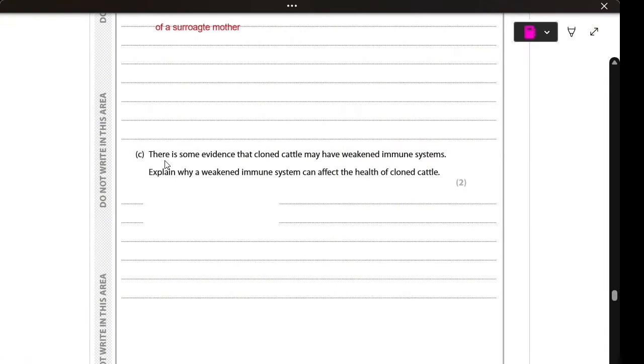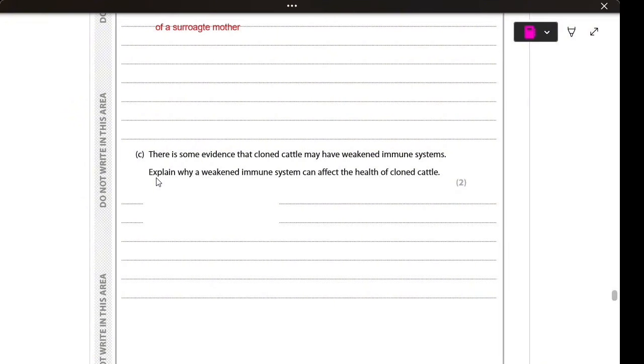Then they've asked us, there is some evidence that cloned cattle may have a weakened immune system. Explain why a weakened immune system can affect the health of cloned cattle. So, how can a weakened immune system affect the cloned cattle?